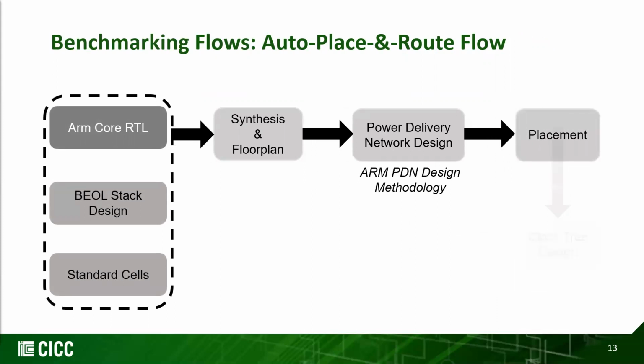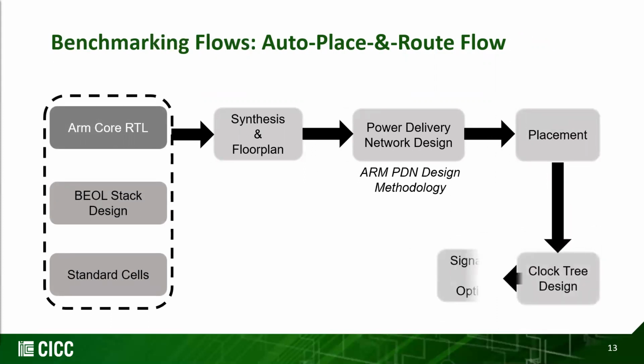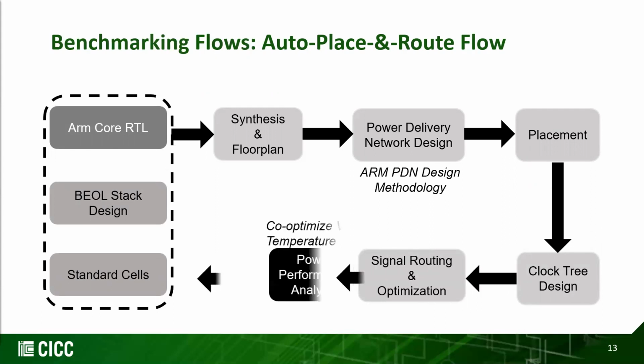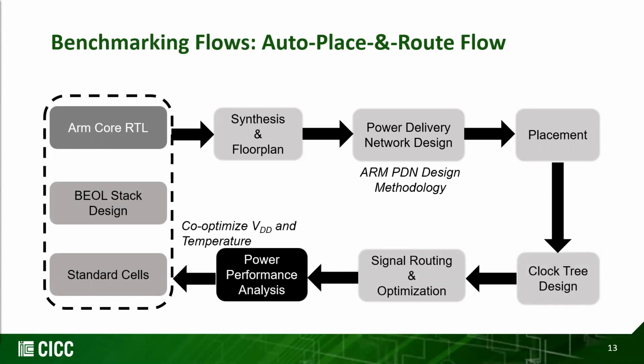We place the design, we perform clock tree synthesis, do signal routing and optimization, and finally analyze the database for power and performance. Initially, we did this for a nominal supply voltage of 0.8 volts for all the 4 temperature points. Later, we optimized the supply to 2 other values of 0.4 and 0.6 volts and reran the experiments.